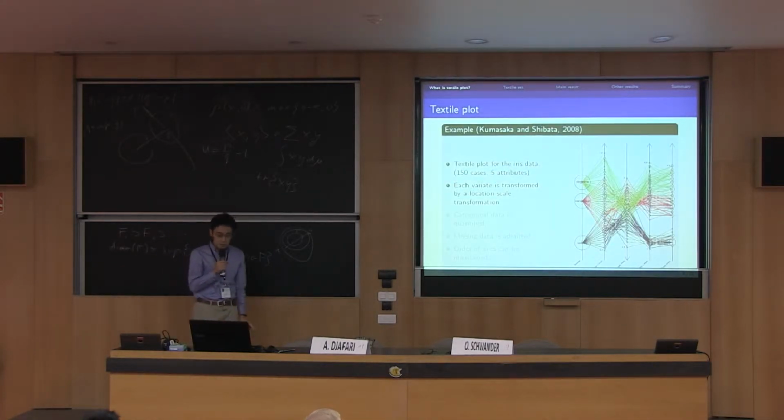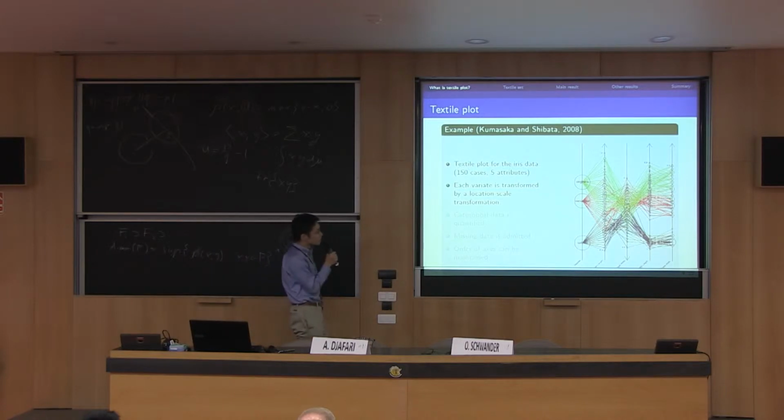This figure shows an example of the output of the textile plot. This shows Fisher's iris data, which is very famous in statistics.